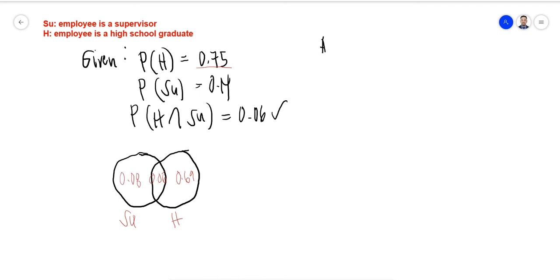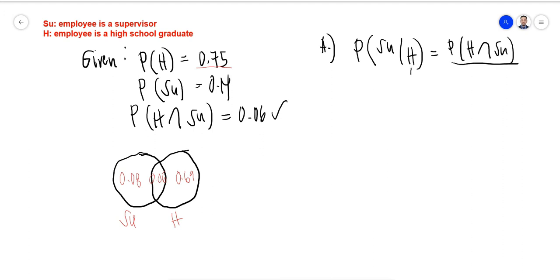Now we will solve for A. A is the probability of supervisor SU given high school graduate, equals the probability of the intersection between high school graduate and supervisor, all over our denominator, the probability of high school graduate.